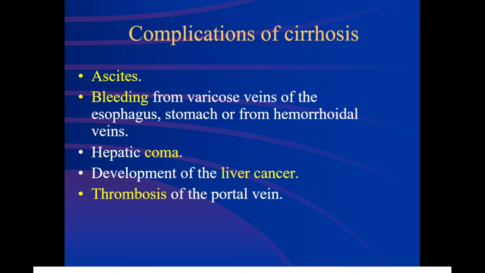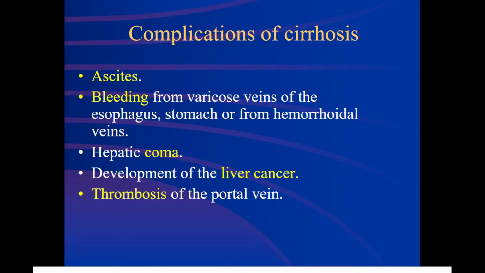What are the complications of cirrhosis? We already talked about ascites. It is a clinical feature of cirrhosis, and also a complication of cirrhosis. Bleeding: varices are present in three main places, but more dangerous are varices in the esophagus. Bleeding may be from varicose veins of the esophagus, stomach, or from hemorrhoidal veins.